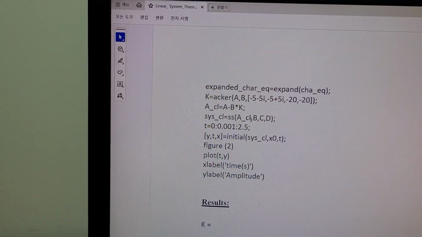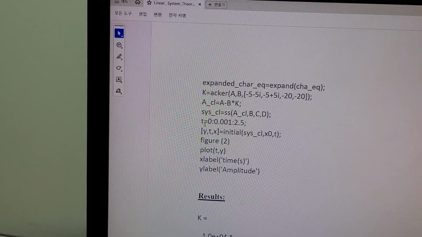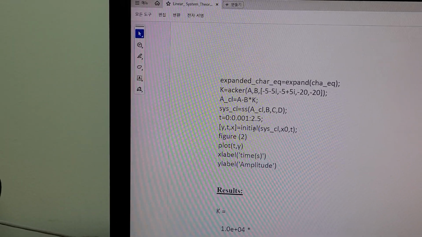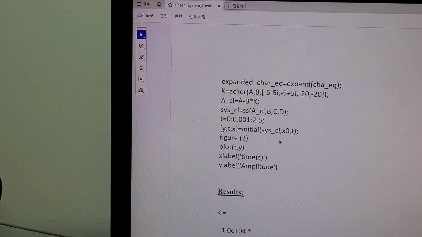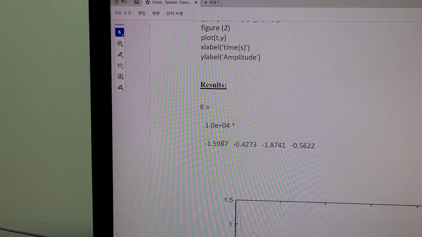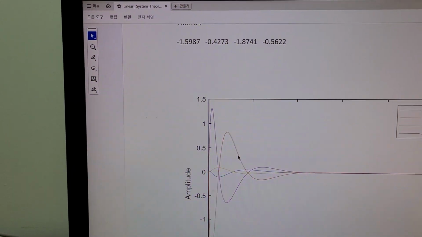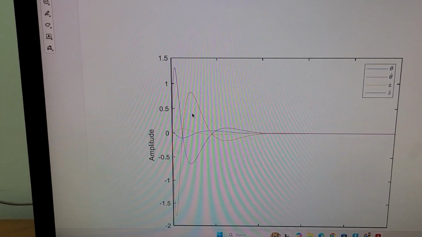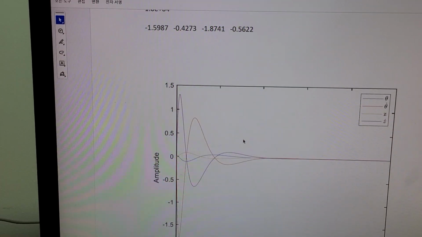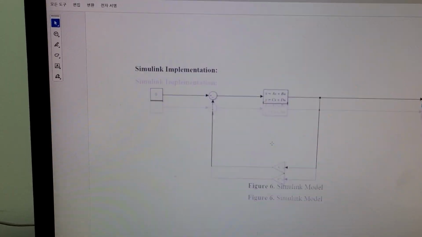We have the closed loop state space model, simulated up to 2.5 seconds with the initial condition x naught, and we have figures. This is the calculated value of the gain K, and these are the responses, the closed loop response of the system when we consider pole placement using Ackermann's formula.